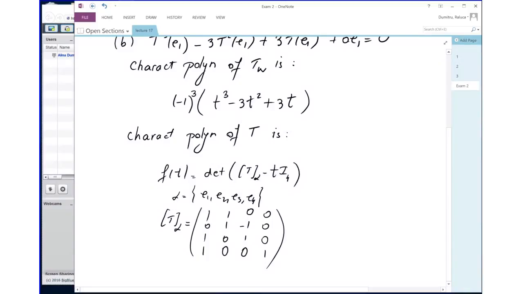Okay, so this is the matrix of T in the standard basis. So the characteristic polynomial of T turns out to be the determinant of this matrix: 1 minus t, 1, 0, 0; 0, 1 minus t, negative 1, 0; 1, 0, 1 minus t, 0; 1, 0, 0, 1 minus t.